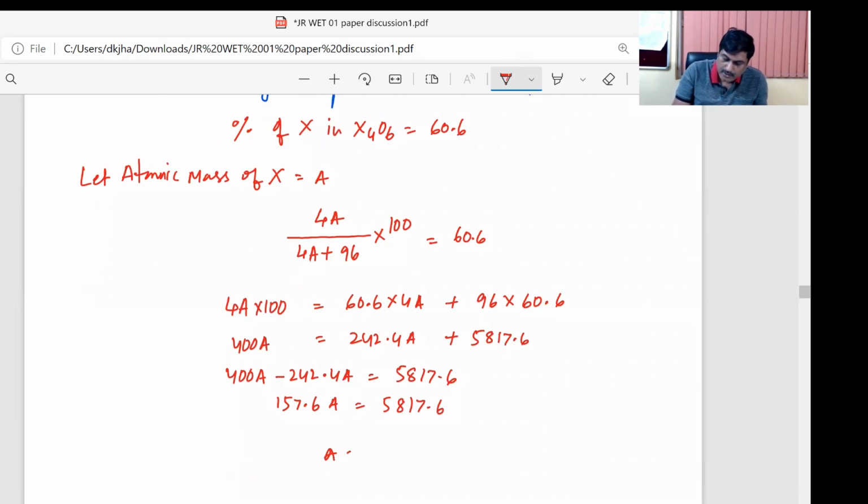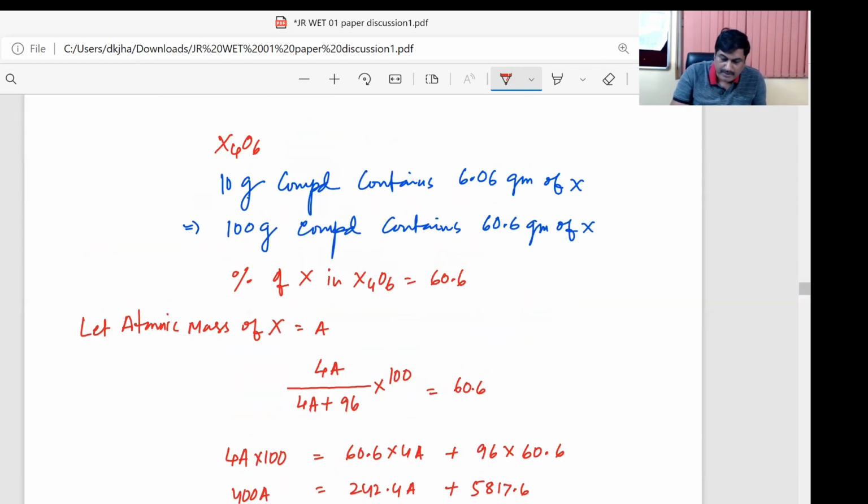So A is equal to 5817.6 divided by 157.6. How much is that? 36.9, or 37.